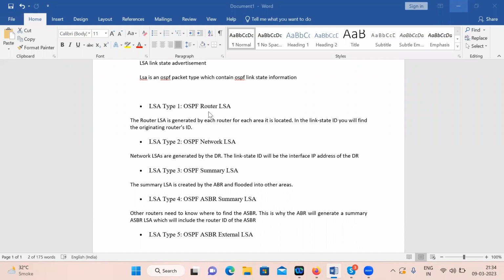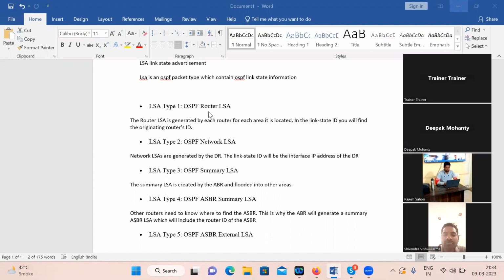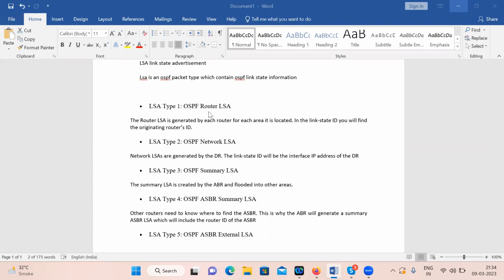If no logical interface is present, then it will move to the physical interfaces. Over there, whichever IP address configured is the highest in numeric value, that IP will become the router ID of your router. If you don't want this election to be done automatically, you can set it manually also.